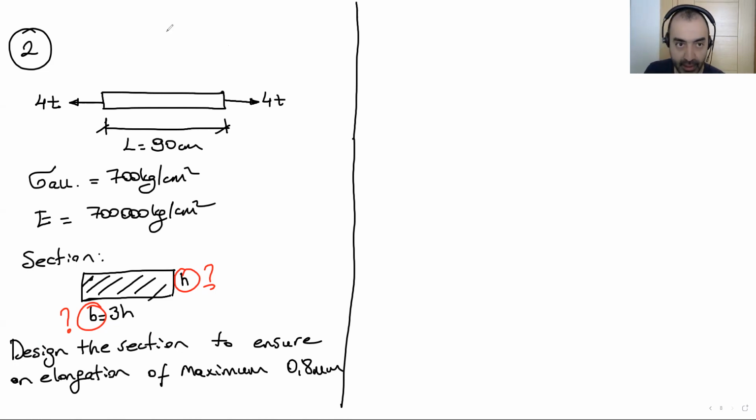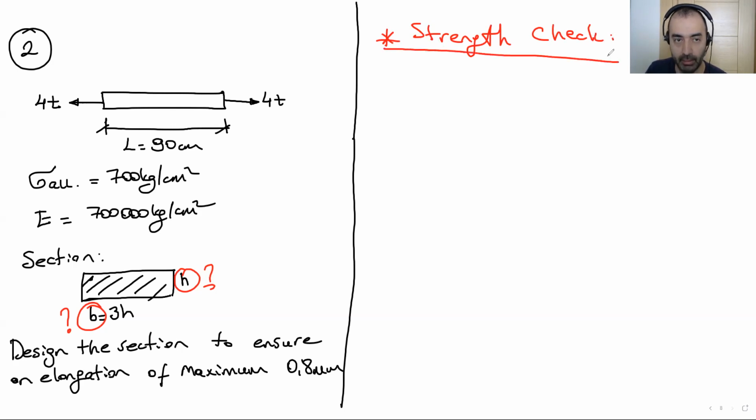The first step is the strength check. So our equation is this, as you know. I'm going to select an area for the allowable stress.